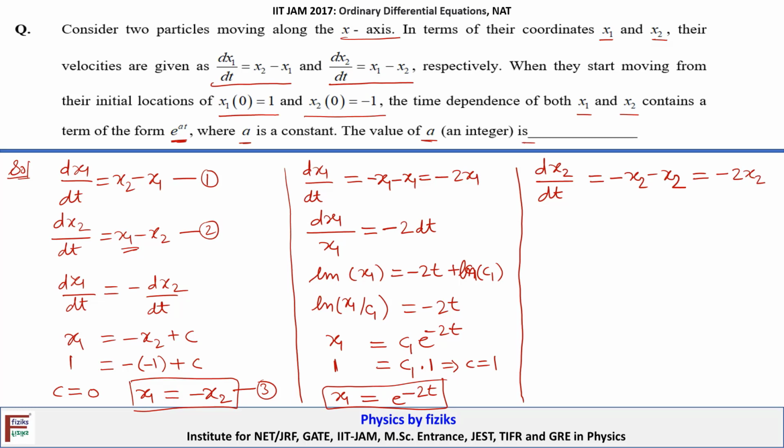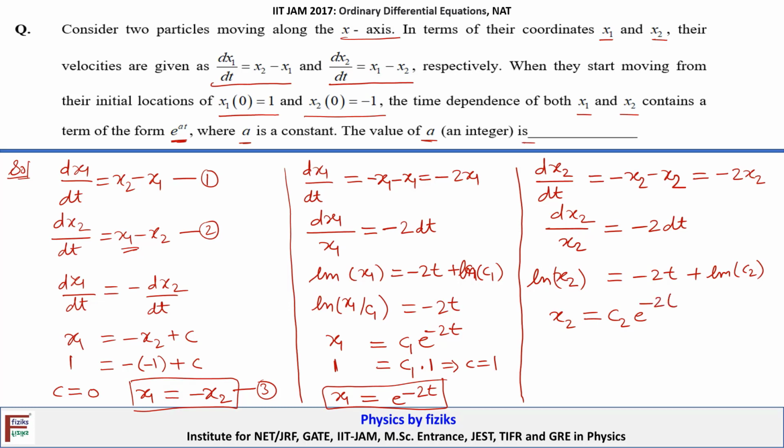Now using the variable separation technique as for the first particle, we can write dx2 by x2 is equal to minus 2 times dt, and on integrating we get the natural logarithm of x2 is equal to minus 2t plus another integrating constant, say c2, and after solving as in the first particle we can write x2 is equal to c2 into e to the power minus 2t.